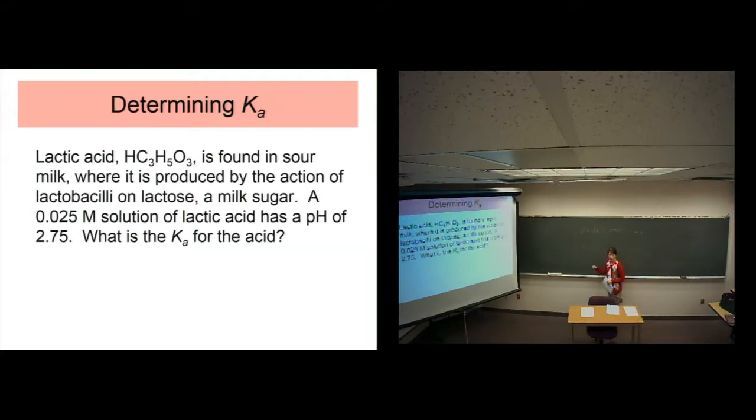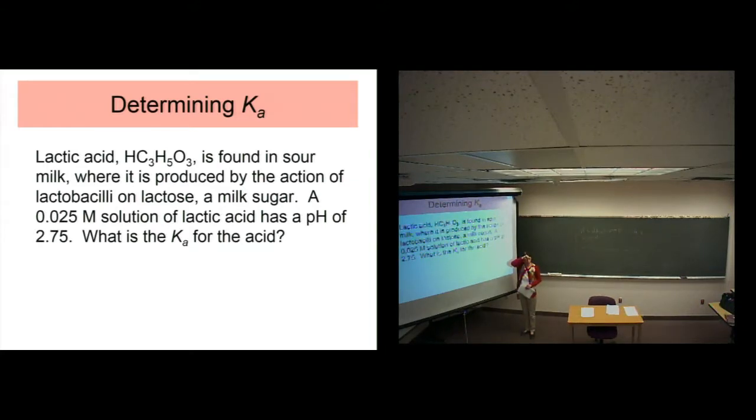Has a pH. Whoa, what am I going to do with a pH of 2.75? Oh, so you can get the concentration of the hydrogen ion, can't you? And where did we define pH to be: at initial, change, or equilibrium? Okay, so we define pH to be at equilibrium. So guess what? It goes on the E row.